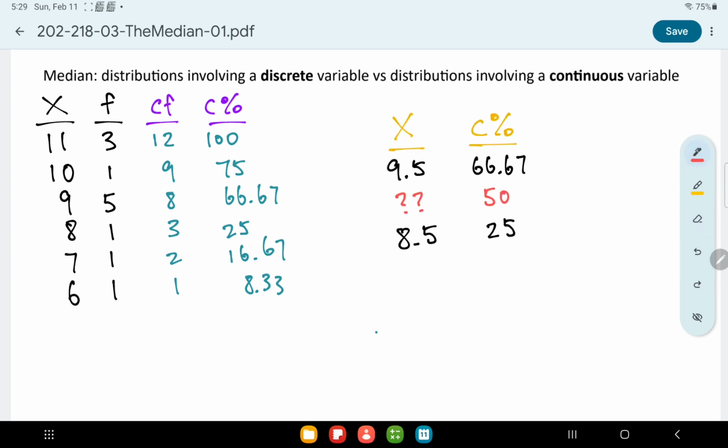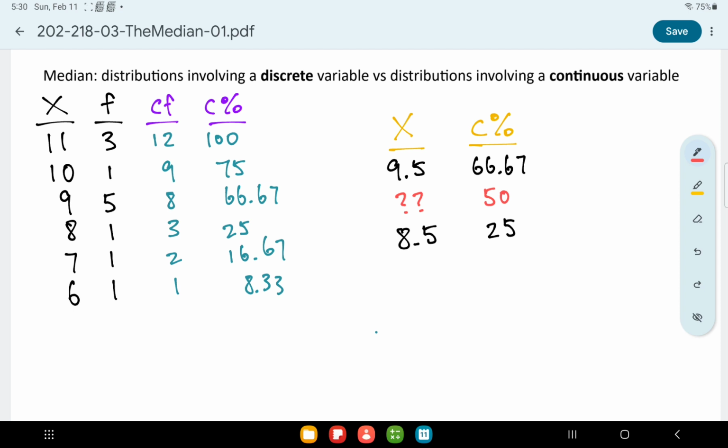Here's where we begin to set up the analysis that we're looking at. Okay? Now we know that the 50th percentile is the median. The 50th percentile is relevant to the position of the number which represents the median in the score of X. And the 50th percentile is, according to the table that we've constructed, between the cumulative percentages of 66.67% as well as 25%.